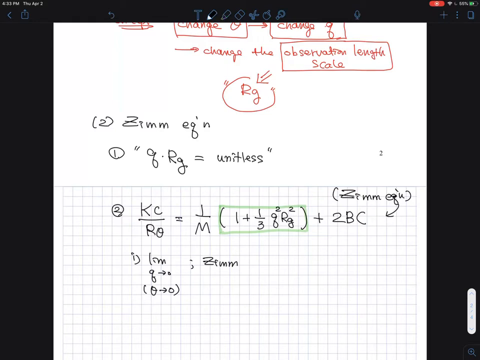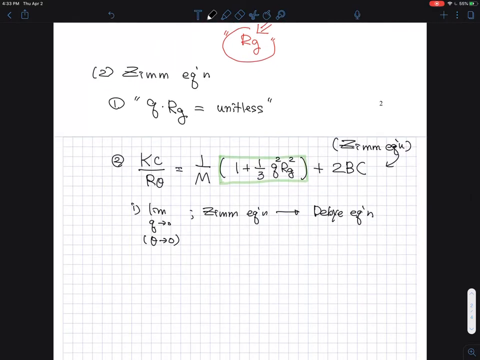So the Zimm equation reduces to the Debye equation for light scattering, and we can get concentration versus scattered light intensity relationship, which gives MW and the second virial constant. So I can calculate that.